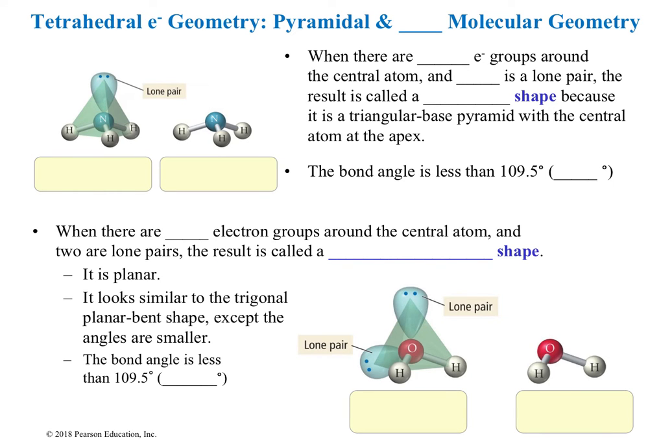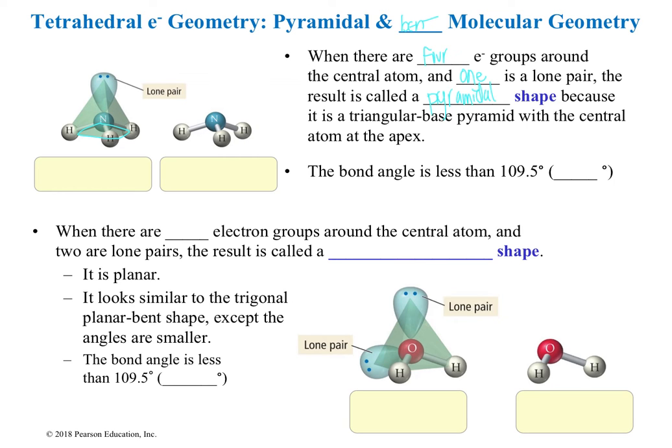When we have tetrahedral geometry, we can either have trigonal pyramidal or bent geometry. So in the case where we have 3 bonds, and so 4 electron groups total, and one of them is a lone pair, meaning 3 of them are bonds, this is called pyramidal or trigonal pyramidal, because we have a triangle base here, but it's not quite in a plane, so it kind of looks like a pyramid.